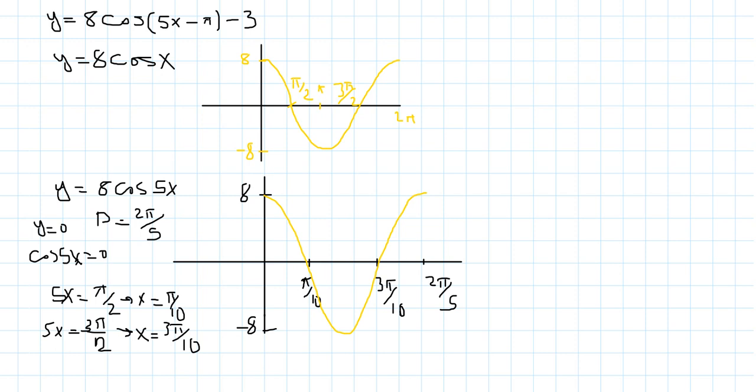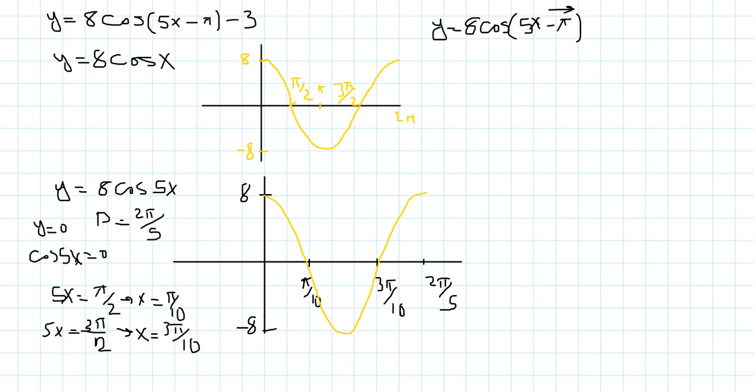For the other step, I try to draw the graph of y equals 8 cosine 5x minus pi. I know it should shift on the x-axis. That is the phase shift.